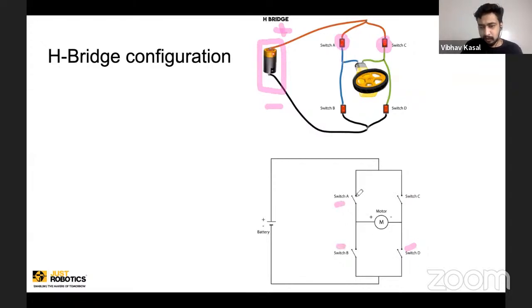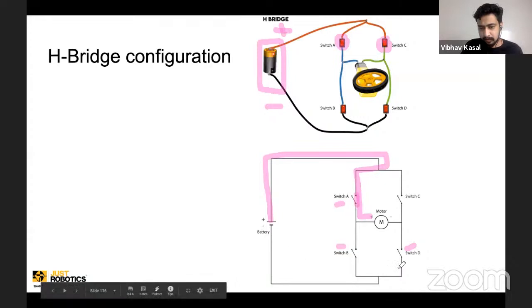The moment you connect this terminal, the voltage will come here like this. The moment you turn this on, the voltage will come here like this. So positive is coming to the plus of the motor, and negative is coming to the negative of the motor.